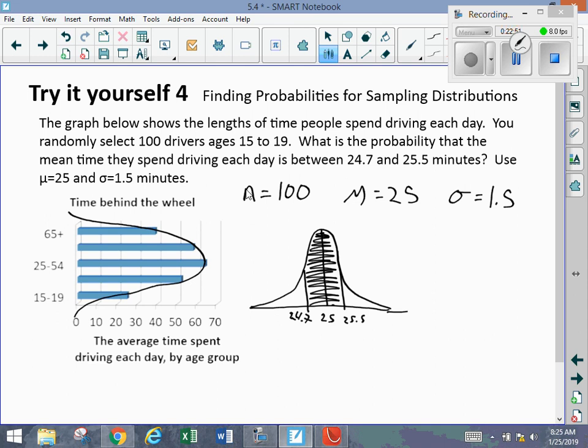But now we have a sample, so we're not really using this mu and this sigma. We're actually going to be using the mean of the sampling distribution of sample means, which turns out to be the same thing as the mean of the population. But what's going to change is that we're not going to use this standard deviation.